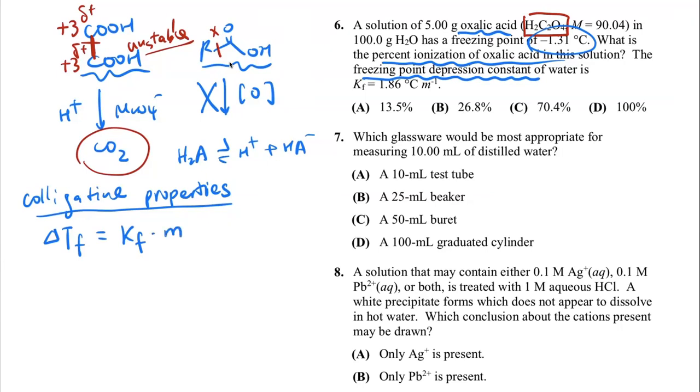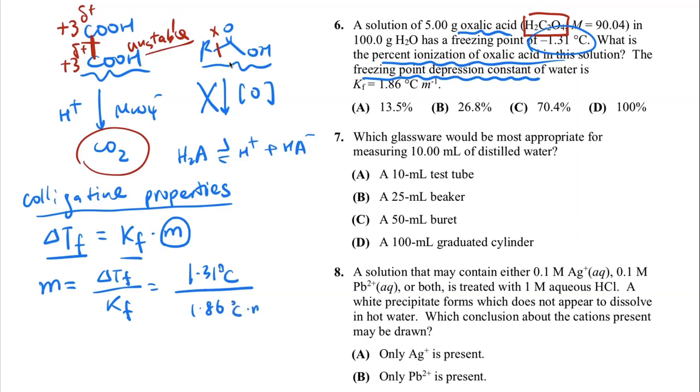This one times the molality, right? You guys know the definition of molality, right? So now, since we know the delta T_F, we know the K_F, we can figure out the molality. The molality equals delta T_F divided by K_F, which is negative 1.31. We can use the absolute value, 1.31 degrees Celsius divided by 1.86 degrees Celsius.